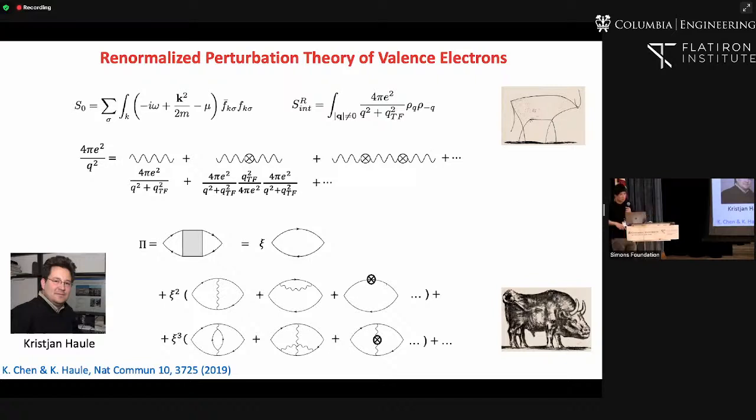And then for each diagram in the bare perturbation theory, you can perform this re-expansion. After that you derive a renormalized diagrammatic series. In the diagrams, all these interactions are not the bare Coulomb interaction anymore. It actually is the static screened Yukawa interaction.